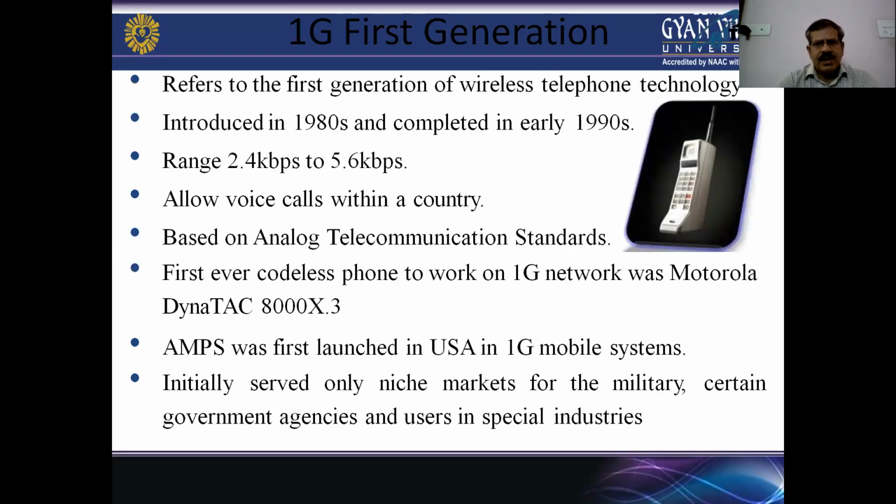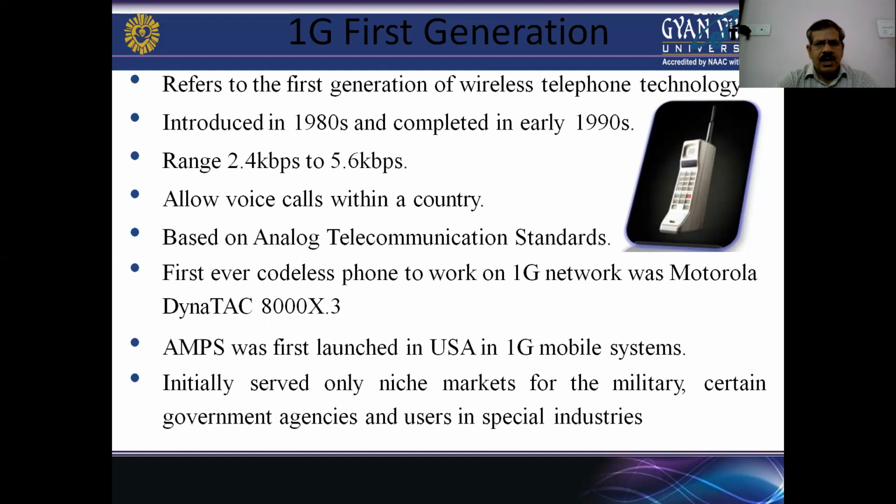So what is the first generation of wireless system? It refers to the first generation of wireless telephone technology, introduced in 1980 and completed in the early 1990s. It ranges from 2.4 kilobit per second to 5.6 kilobit per second and allows voice calls within a country.